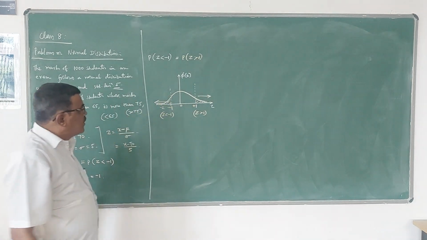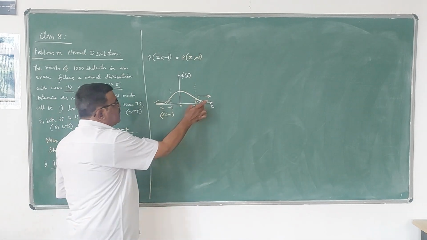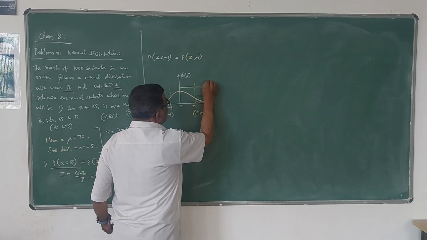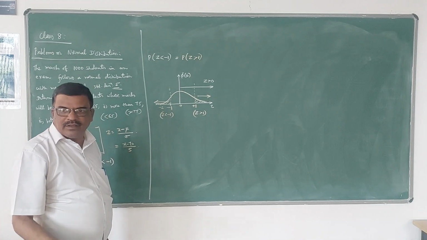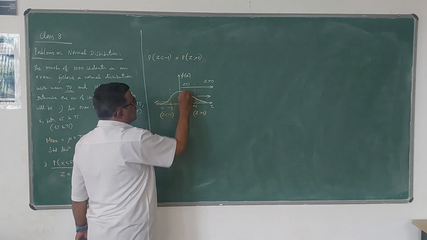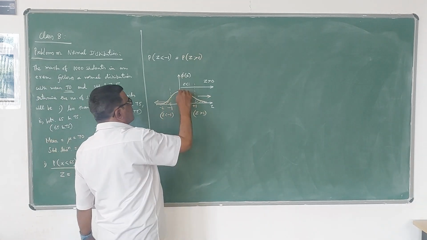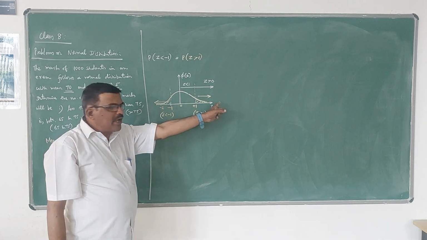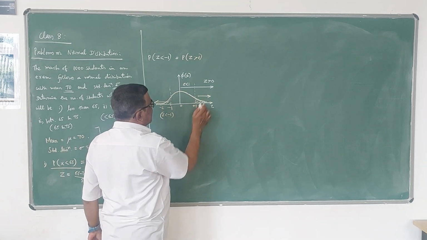Similar to the last problem, this can be written as z greater than 0 minus z less than 1. Z greater than 0 means from 0 to infinity. If you deduct z less than 1, then you will get z greater than 1.